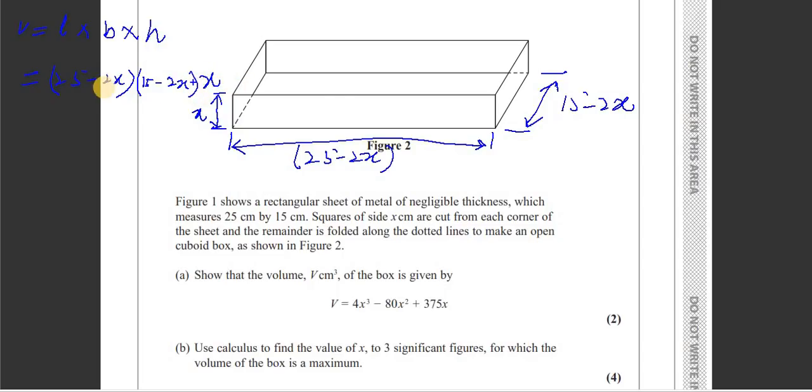If you multiply 25 minus 2x with these brackets, you will get 4 terms, and then these 4 terms will be multiplied with x.